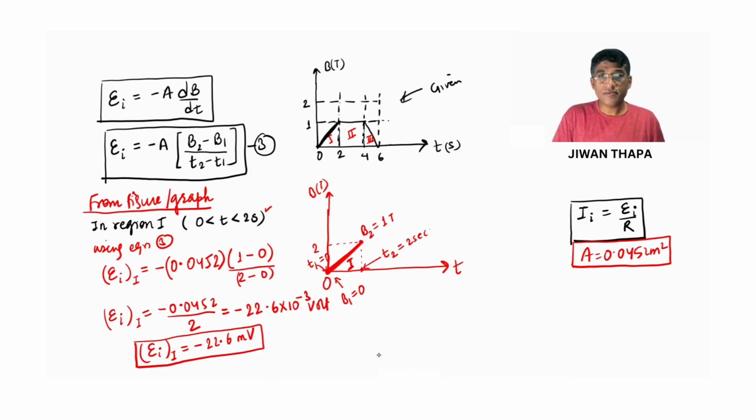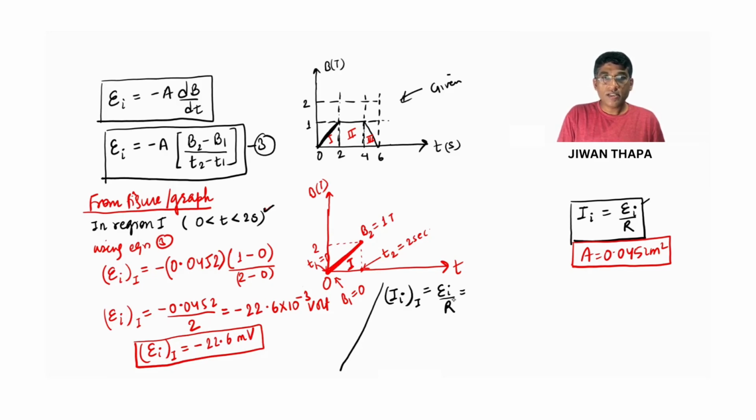Now let us find the induced current for this interval. The induced current for this region 1 equals the induced EMF divided by resistance.